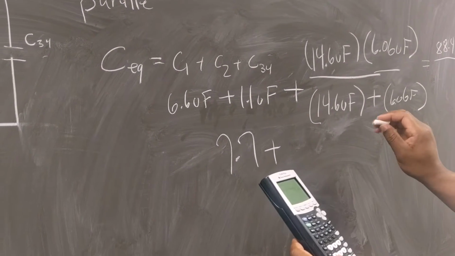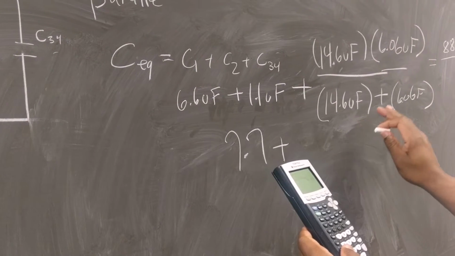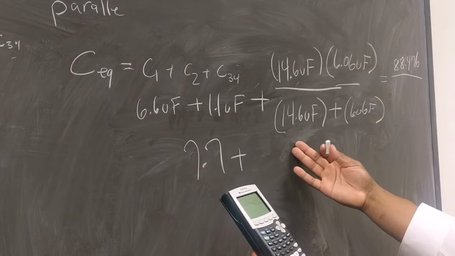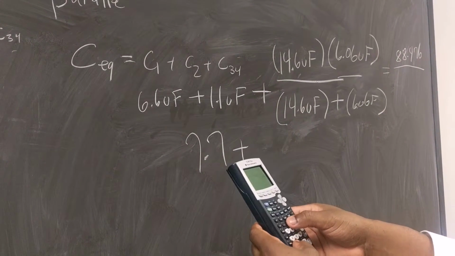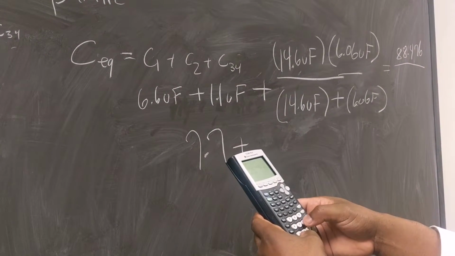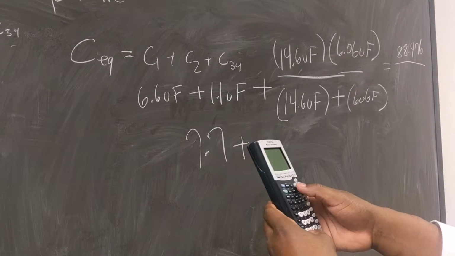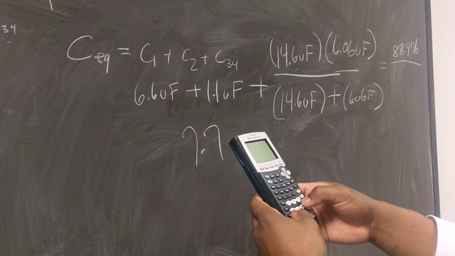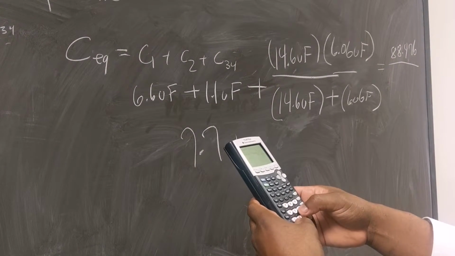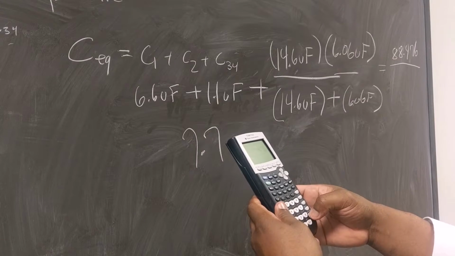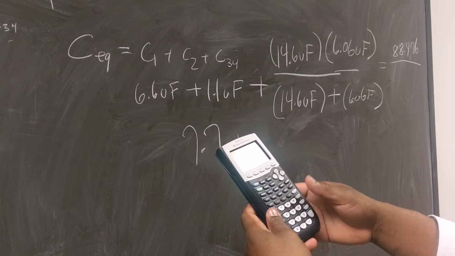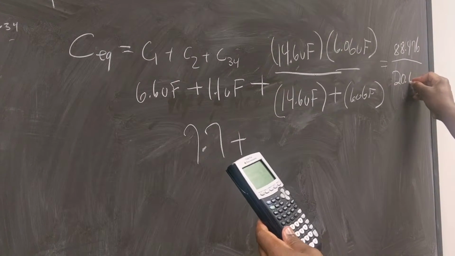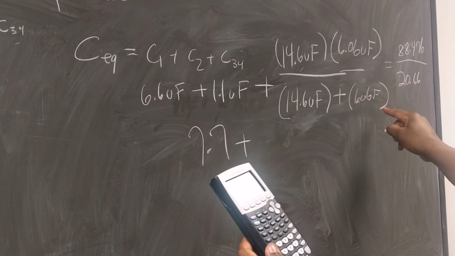Then I'm going to add the denominator for capacitor 3 and capacitor 4. So here I get 14.6 plus 6.06, and I get 20.66.